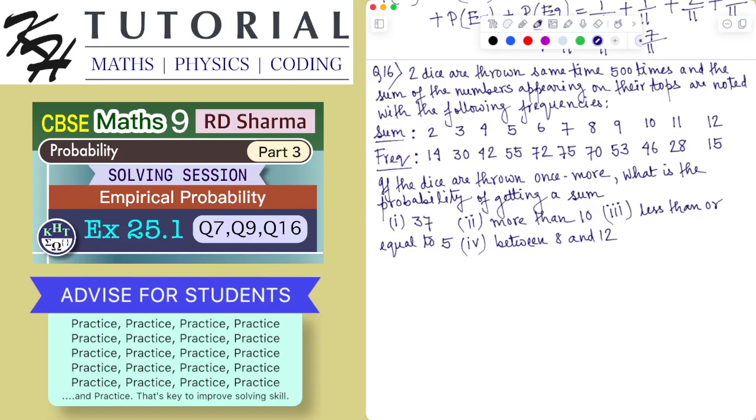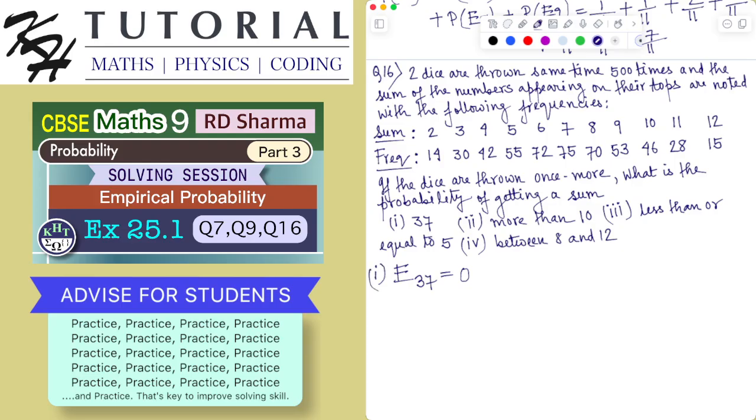So let's say I consider E37 to be the event that the sum of the numbers appearing on the top of the two dice is equal to 37. This will be clearly 0, because the sum can be maximum 12. Okay, so part 1 is 0.